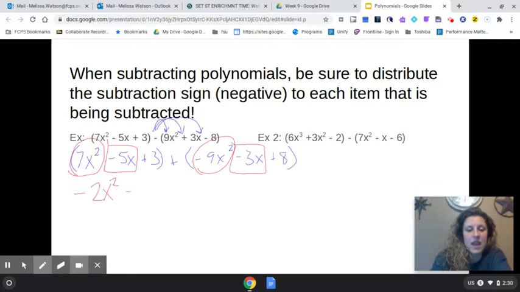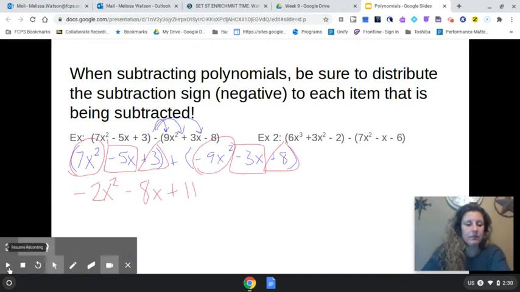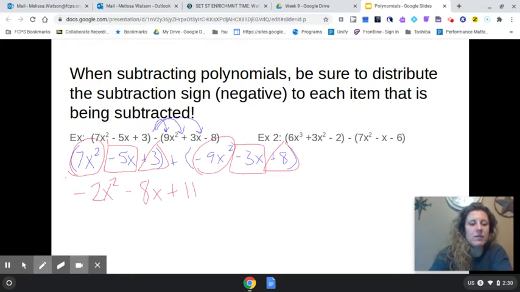That gives me negative 8x. And the last set of like terms, we have positive 3, and we're adding positive 8. It gives me positive 11. Okay, there are no more like terms that we could combine, so this is our final answer.